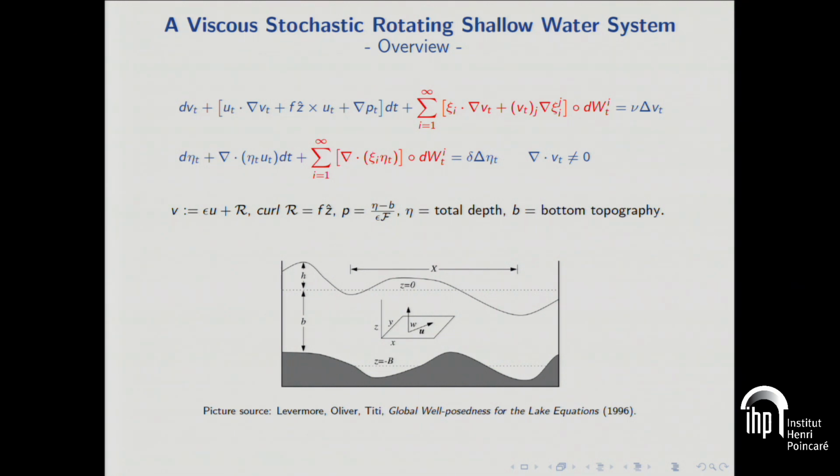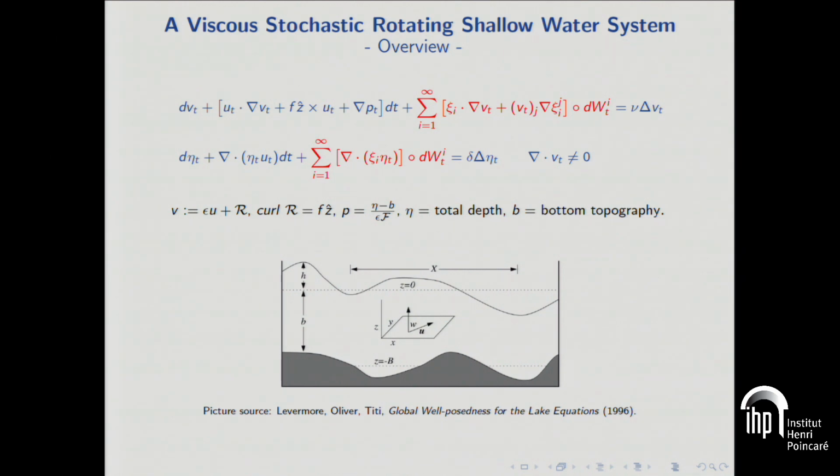We have denoted this quantity epsilon U plus R with V, so V is also a velocity. Epsilon is the Rossby number, and R is also related to the rotation of the Earth. So both epsilon and R are related to the rotation of the Earth. Now, mathematically, R is just a function which depends only on space.